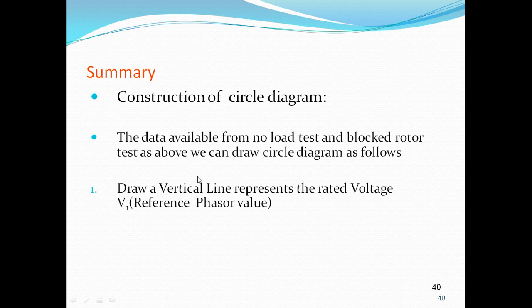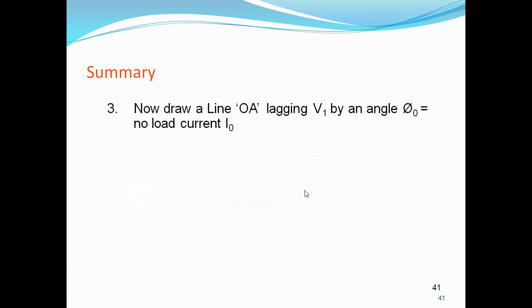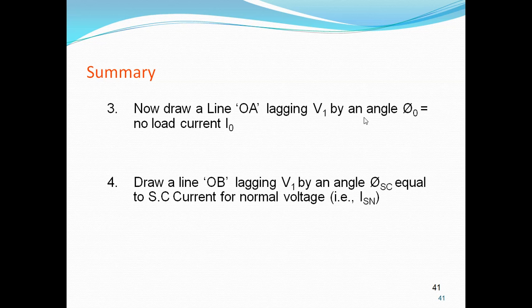First, draw a vertical line that represents the voltage vector V1. Then select a suitable current scale. Next, draw OA lagging V1 by an angle phi naught, that is the no load current I naught.